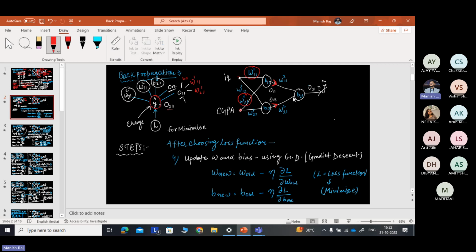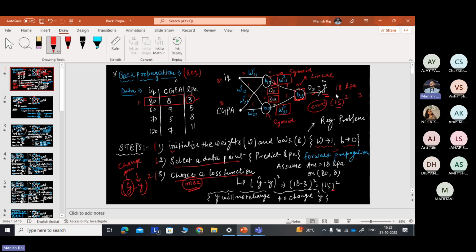But in the reverse direction, we are changing the values. So you can see this part. For changing the loss, try to understand, we are changing the weights, we are changing the biases, we are changing this thing. So in the reverse direction, we are propagating in the reverse direction.